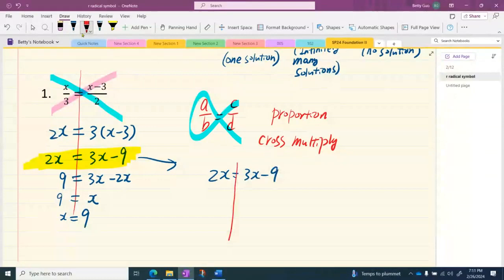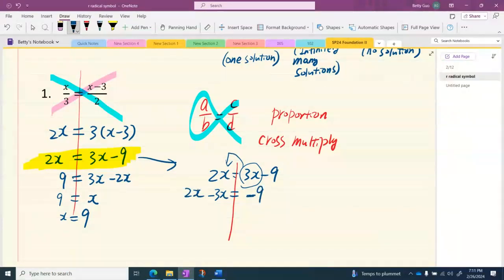Let's keep 2x on the left and move this 3x over. Do we change the sign? Please don't forget to change the sign. 3x on the right becomes negative 3x on the left. And then we have negative 9 on the right side.